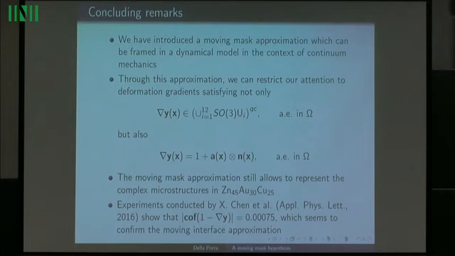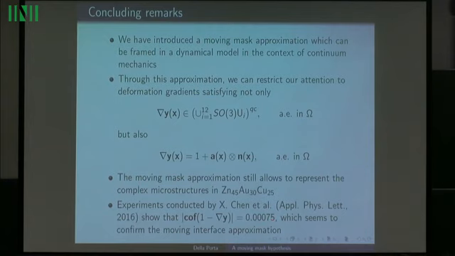What we can also show is that the moving mask approximation still allows us to represent the complex microstructures in zinc and gold copper. So it's restricting our deformation gradient, but still allows us to represent the infinitely many microstructures that we observe experimentally. And finally, let me mention that some experiments conducted by Sherry show that this number, which is the norm of the cofactor matrix of identity minus grad y, is of the order of 10 to the minus 4 in this zinc and gold copper alloy.